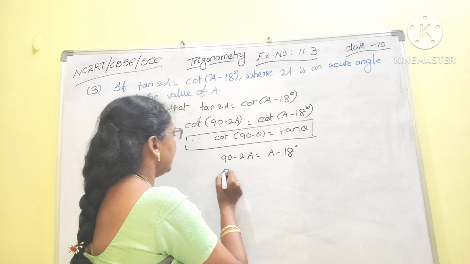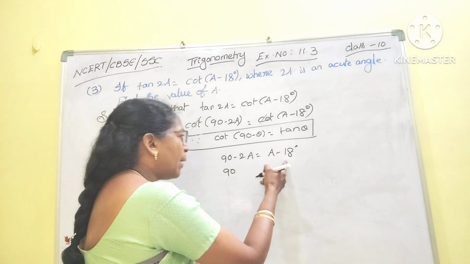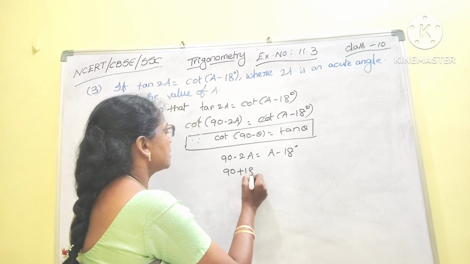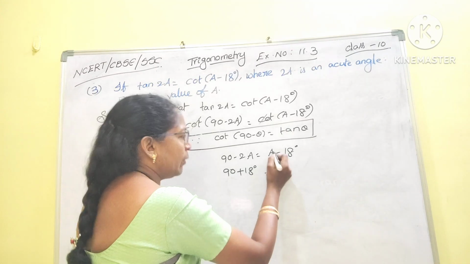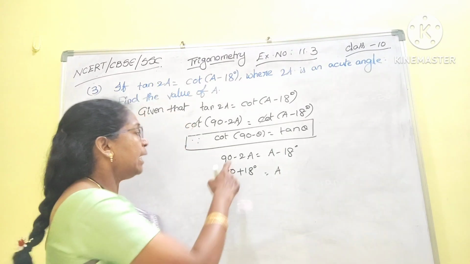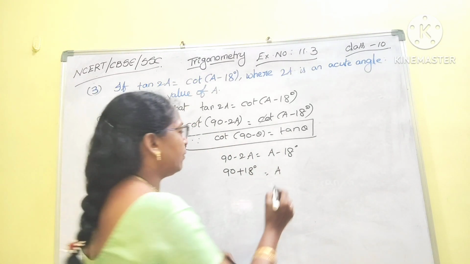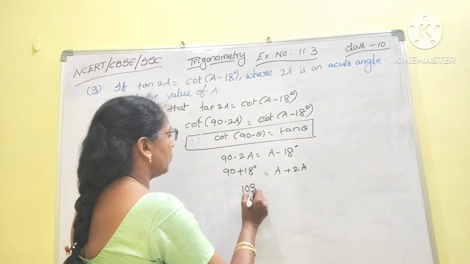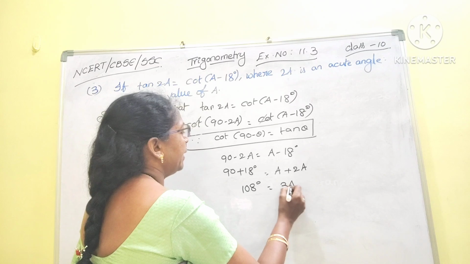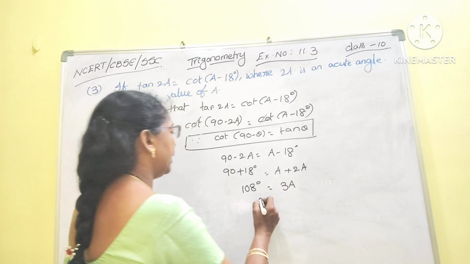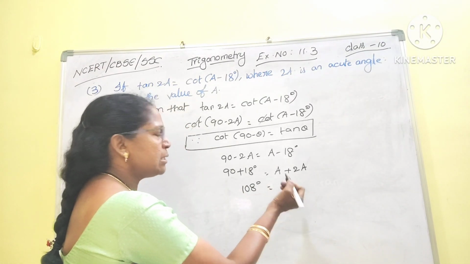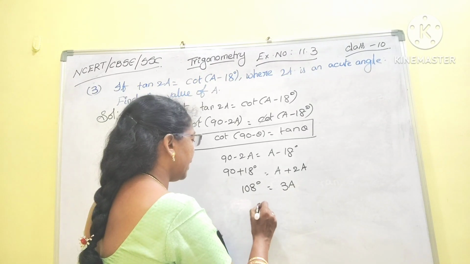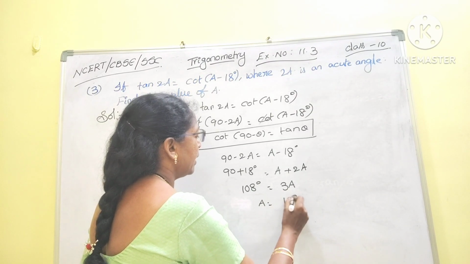Here 90 is a constant, and minus 18 on the right side goes to this side and becomes plus. A is already on the right-hand side, and minus 2A goes to the other side and becomes plus 2A. So 90 plus 18 equals 108 degrees, equals A plus 2A, equals 3A.